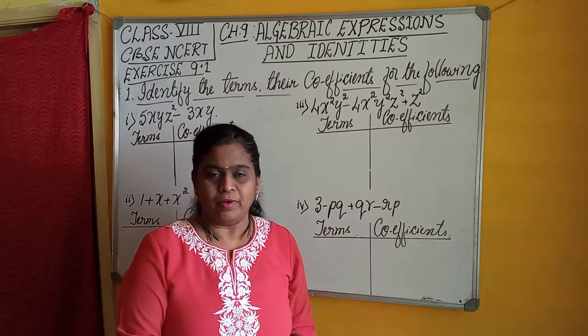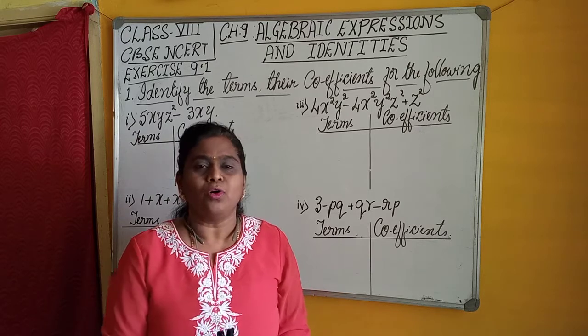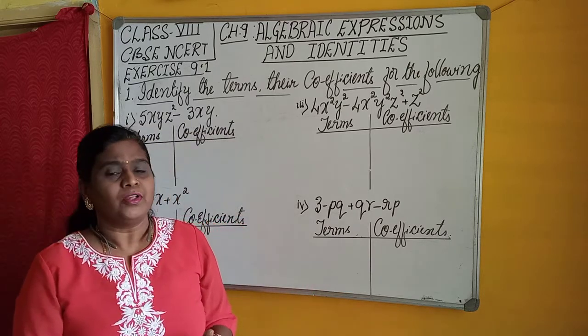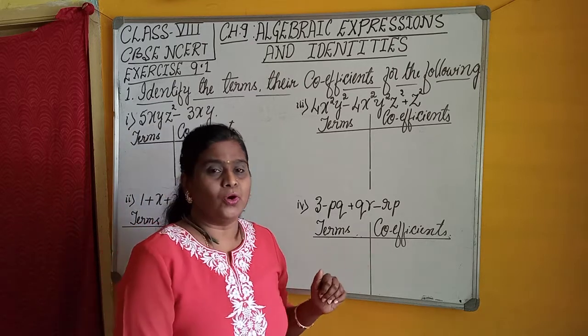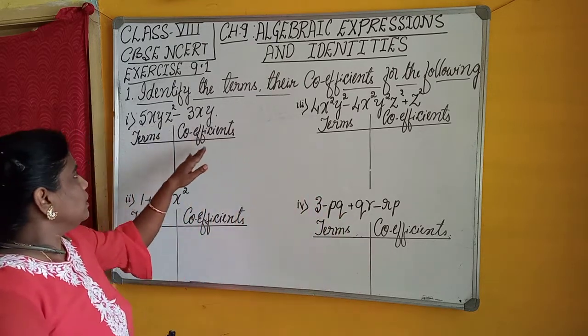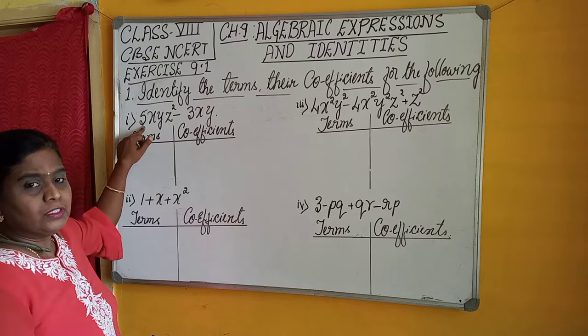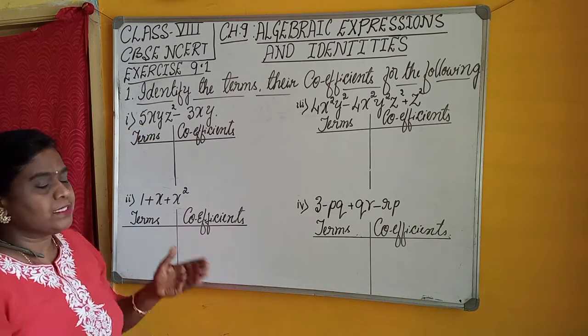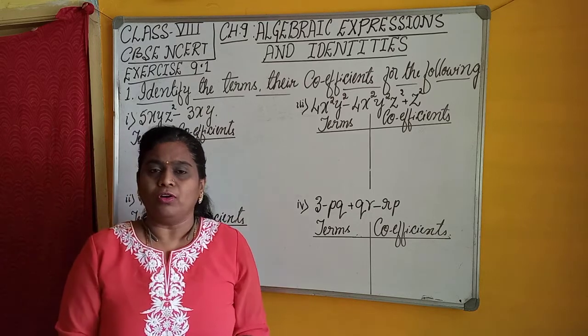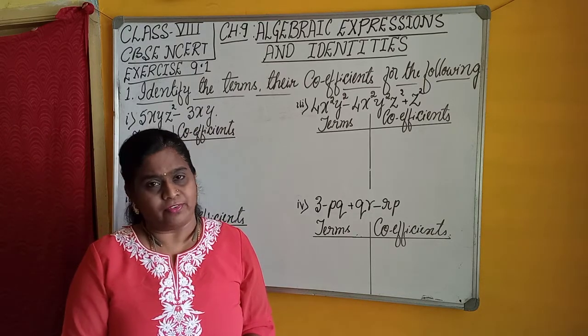Before writing that, let us know what terms are and what coefficients are. Terms are the product of constants and variables. Otherwise, we can say that terms are the products of factors.